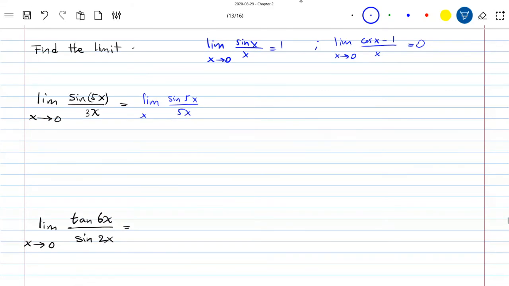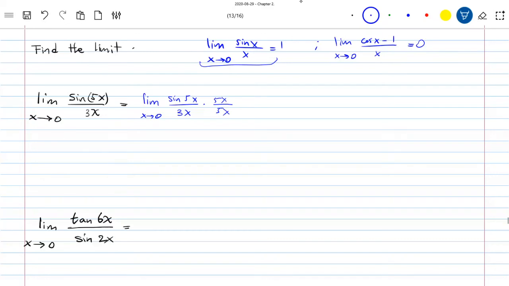If this was the case, you could compare it here. It's exactly the same thing. Instead of x, we have 5x. This would be simply 1. Since I do not have the 5x and I have 3x, I can write it this way. Instead of 5x, this was 3x. I can multiply by 5x and divide by 5x.